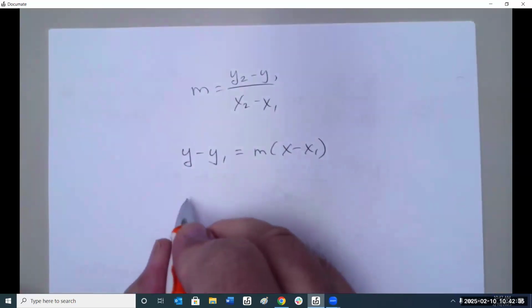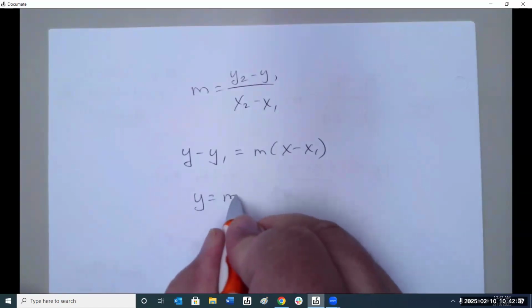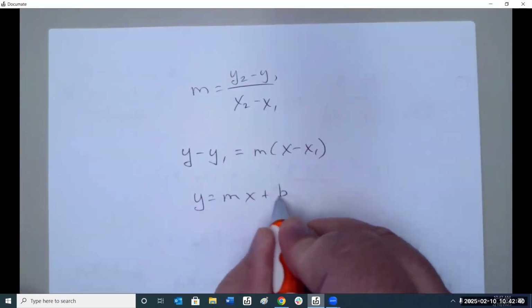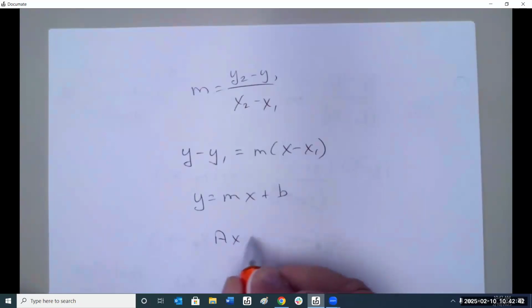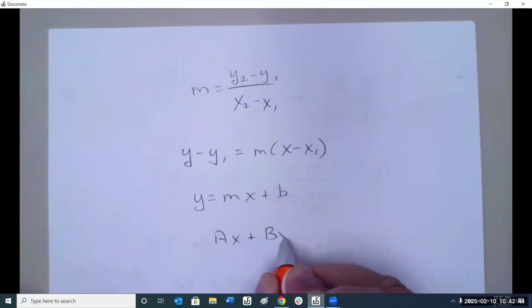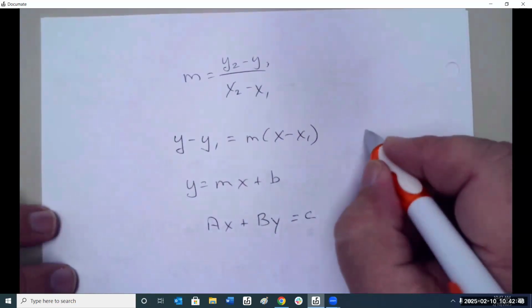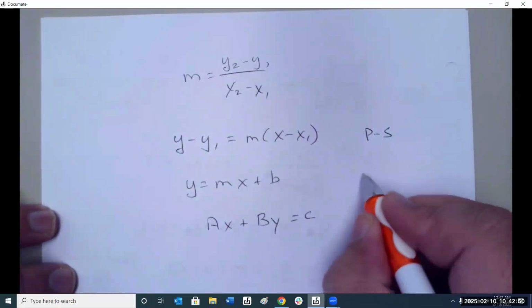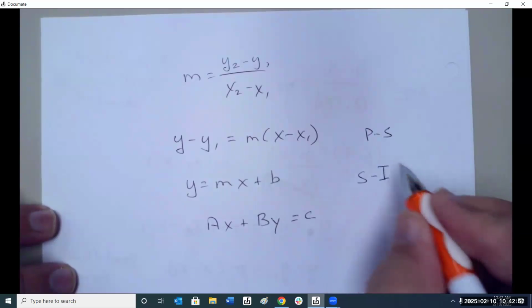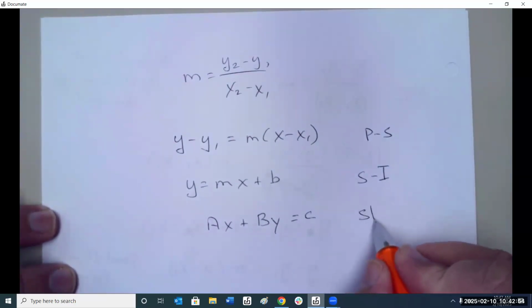We have the point slope, the slope-intercept, and the standard form. Point slope, slope-intercept, and standard.